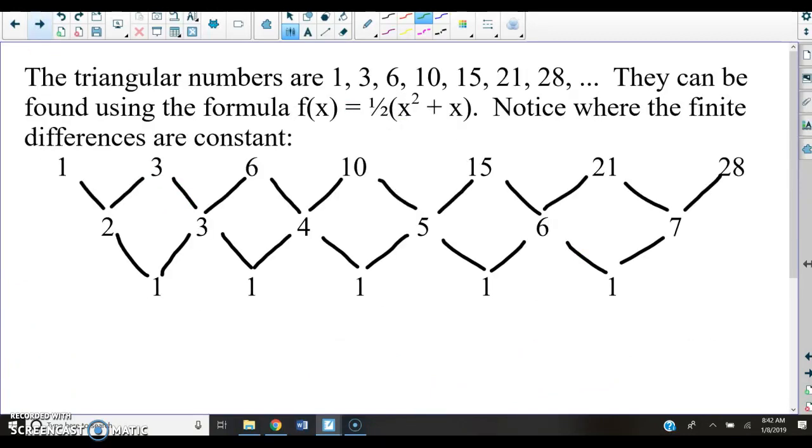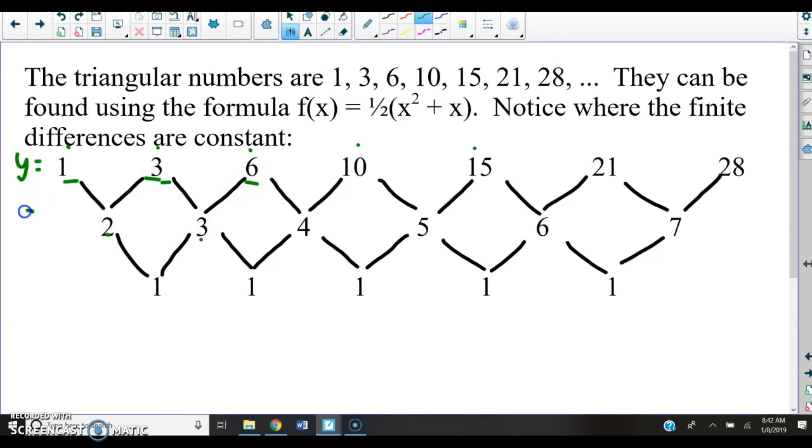Okay. So triangular numbers are 1, 3, 6, 10. So these are the y values. So this is f of 1, f of 2, f of 3, f of 4, and so on. Notice the first difference is 3 minus 1 is 2, 6 minus 3 is 3, 10 minus 6 is 4, and so on.